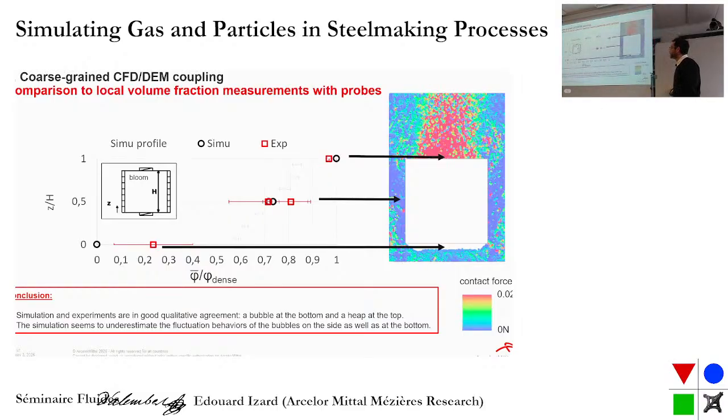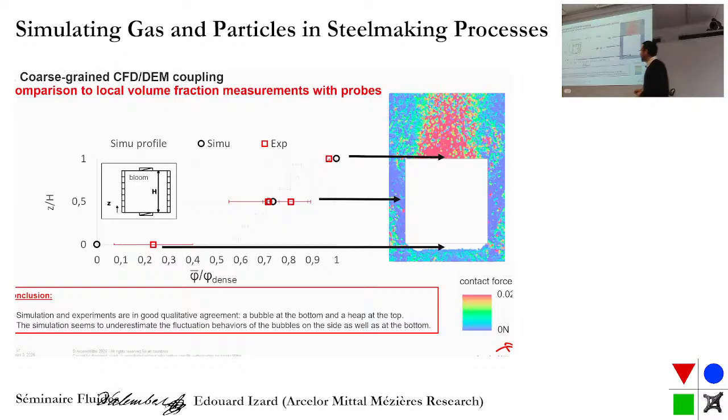And the only thing is that in the experiment, we observe more fluctuations than in the simulation. In fact, it's probably because of the grid cell, which is larger than the particle size. So the effect of the gas entails fewer fluctuations, let's say. It's more modeled in the turbulence part.